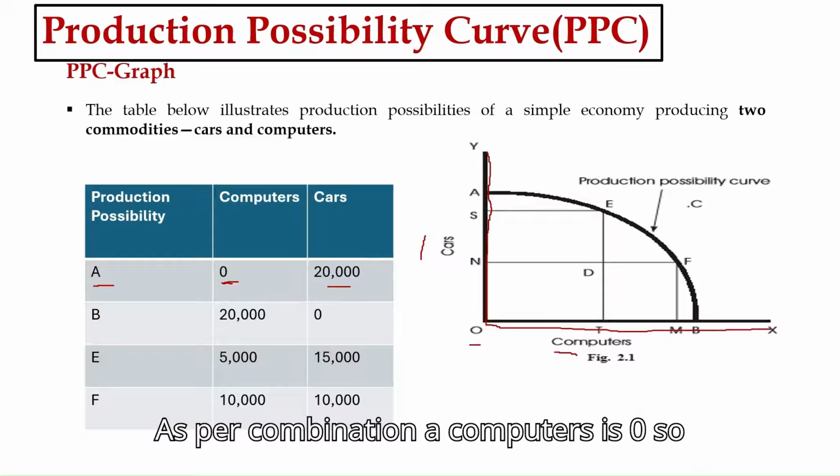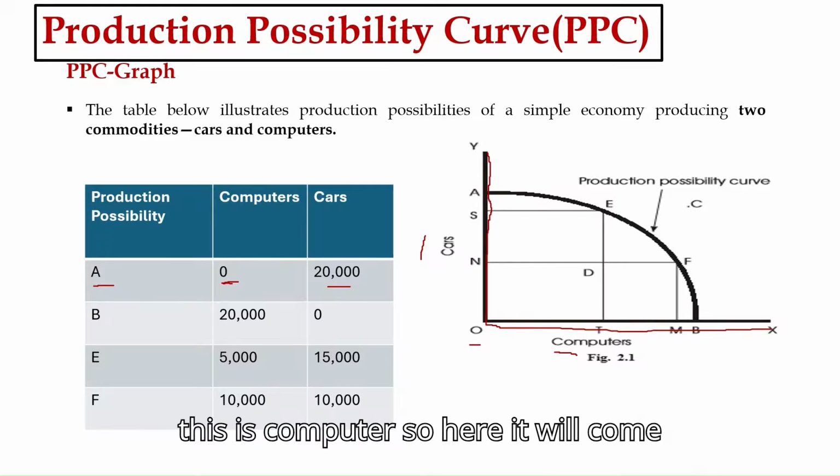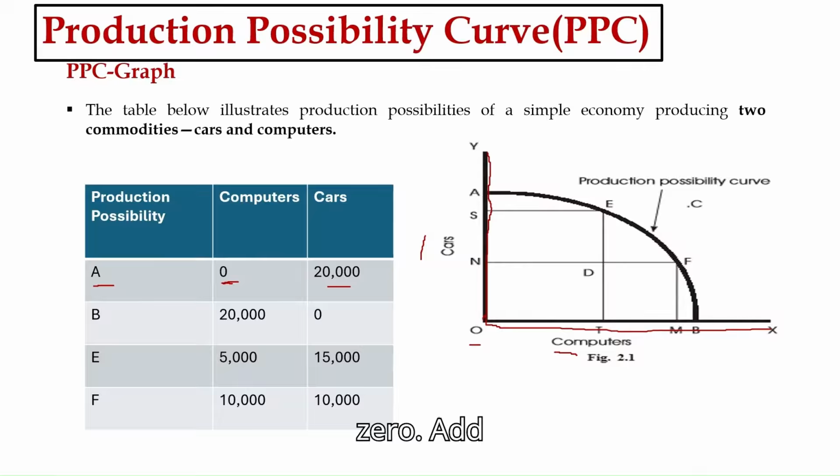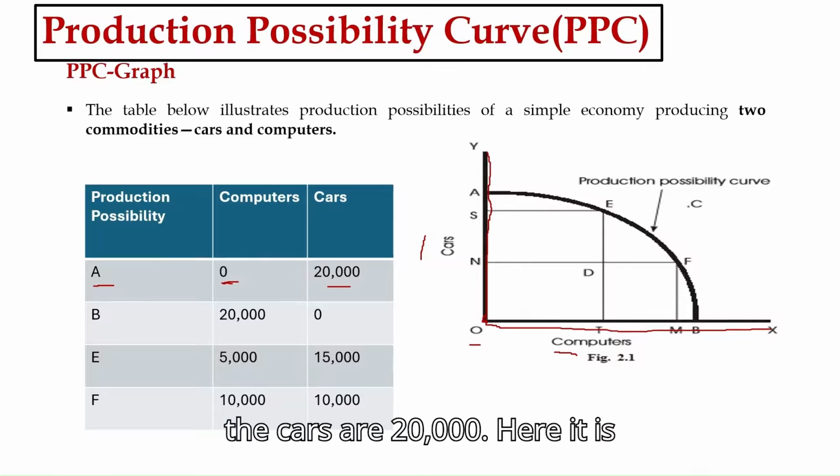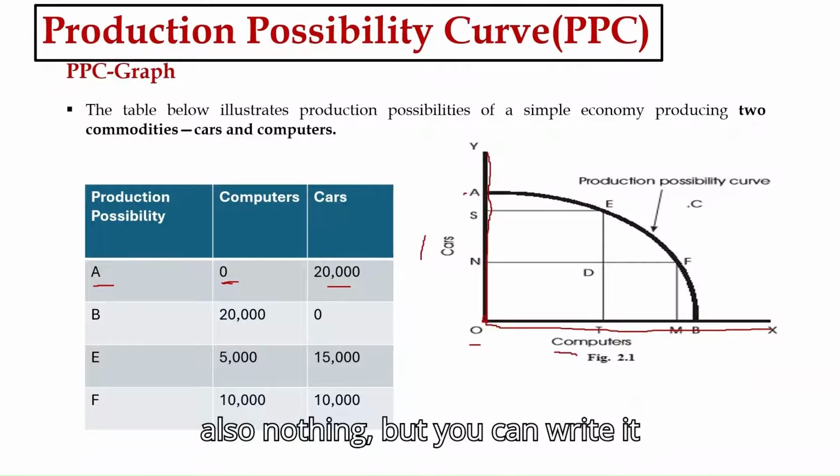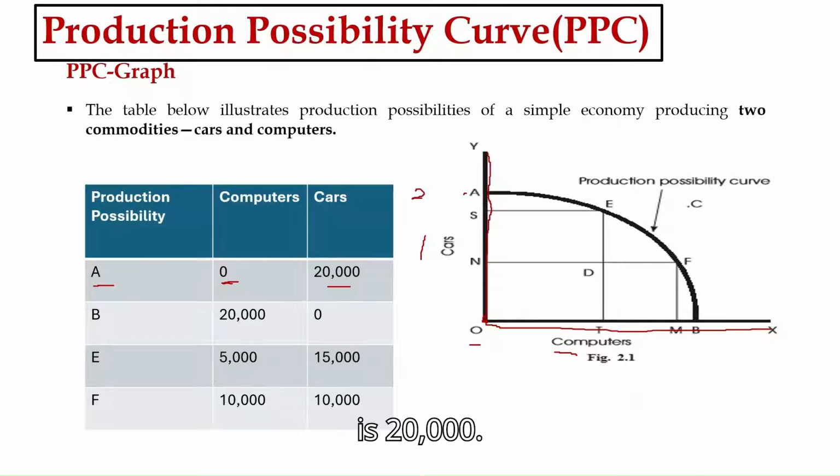As per combination A, computers is 0, so here it will come 0, and the cars are 20,000. Here it is mentioned as A, so this is my 20,000.